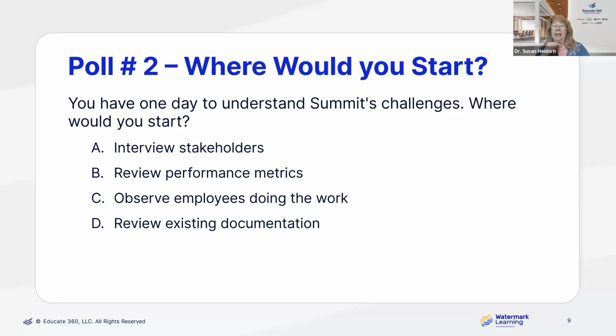And triangulation can be a bad thing. If you're triangulating a conflict, that's something you don't want to do because you talk to the person who can't do anything about it anyway. But triangulation here as a business analyst is a really good thing. So what do I mean by that? Using multiple sources to validate the findings.